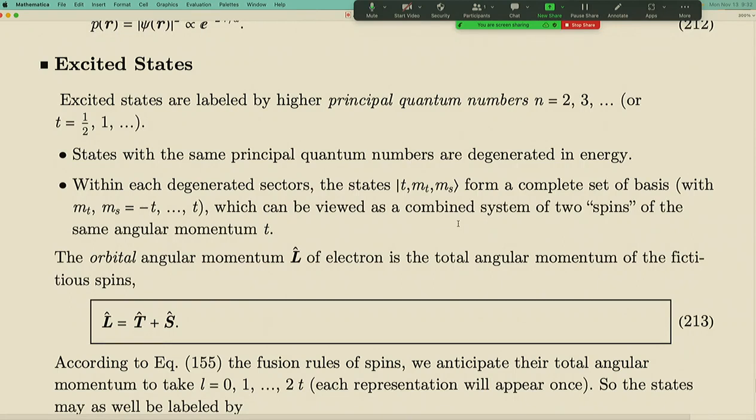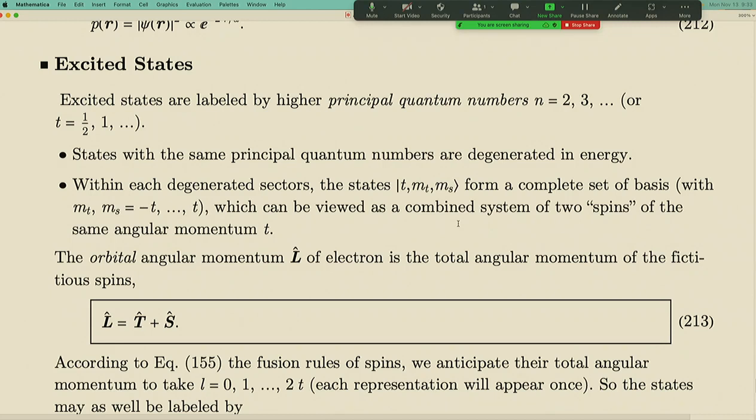So the angular momentum is exactly these two more abstract angular momenta T and S, or we can call them T spin and S spin. They don't have a very clear physical meaning, but their sum actually has a physical meaning: the orbital angular momentum of the electron.